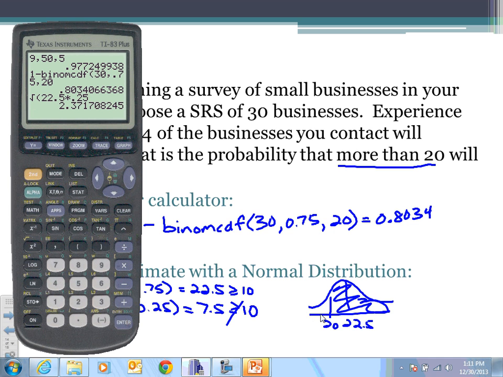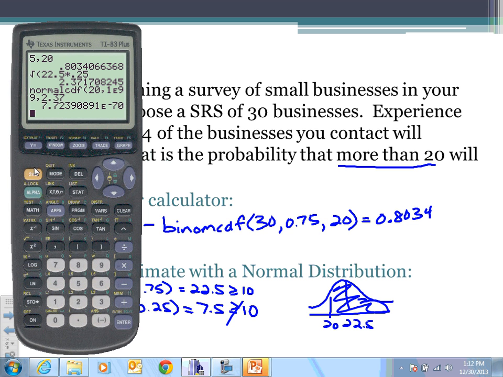So let's go ahead and set up the normal distribution. We'll go to our distribution menu, choose the normal CDF. My lower limit, again, 20. My upper limit, 1E99. And my standard deviation, we just calculated that to be 2.37.